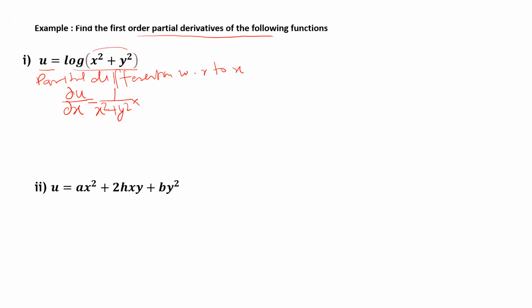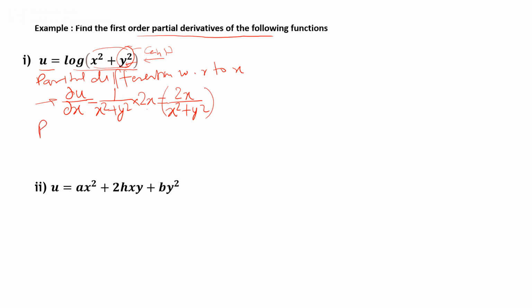Here we treat y as a constant. So the derivative of x square is 2x and the derivative of y square is 0, so we write just 2x. So the partial derivative of that function with respect to x is 2x upon x square plus y square. You have to remember, in that case we are treating y as a constant.